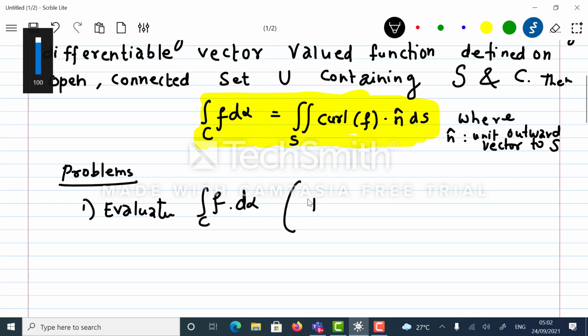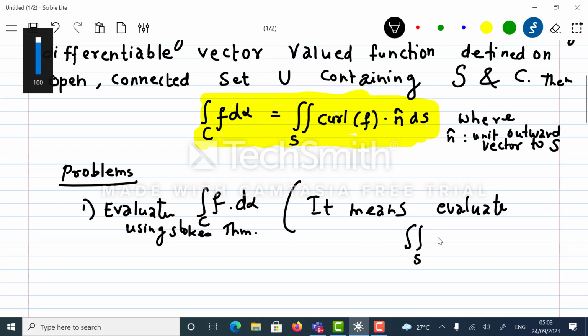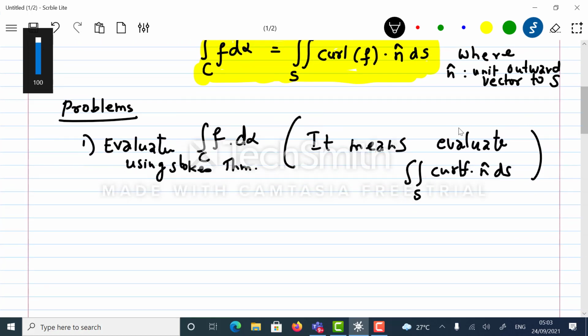It means you evaluate the line integral using Stokes theorem. So what does that mean? It means evaluate the surface integral of curl f dot n cap dS. So evaluating a line integral using Stokes theorem means that you are supposed to evaluate a surface integral.